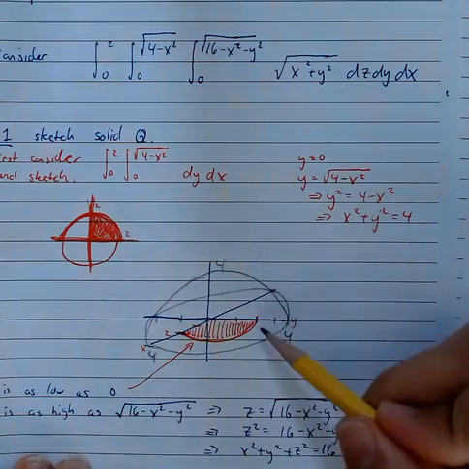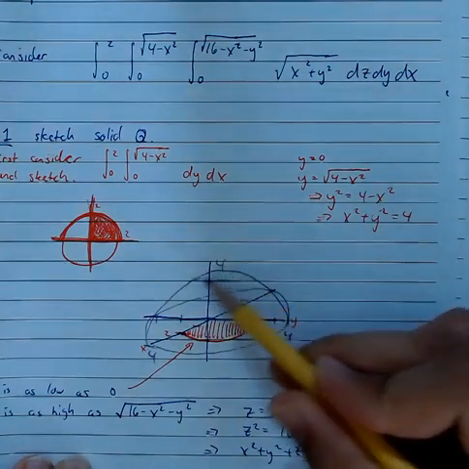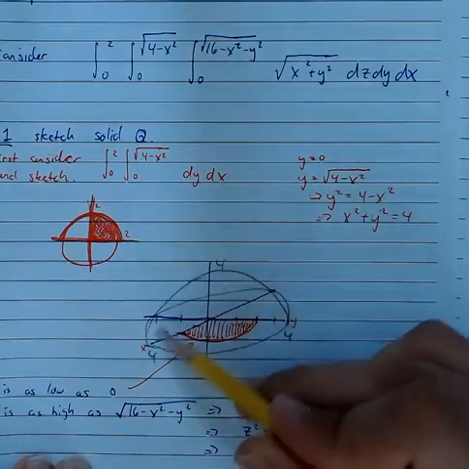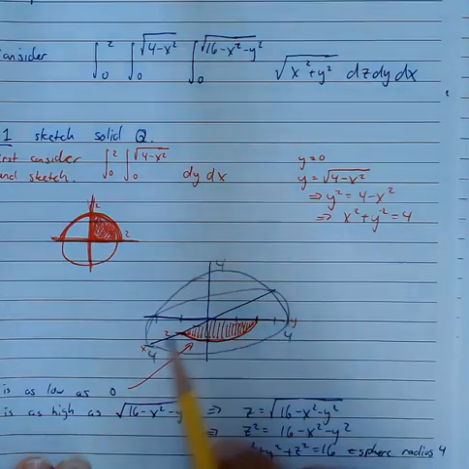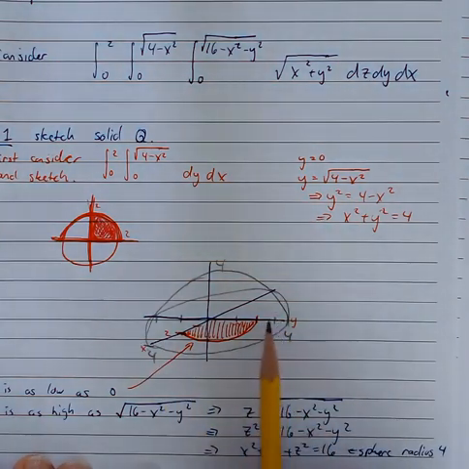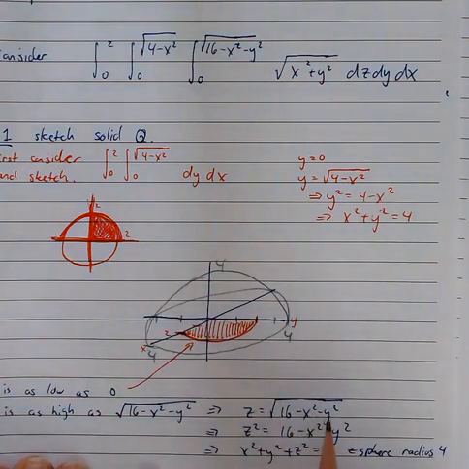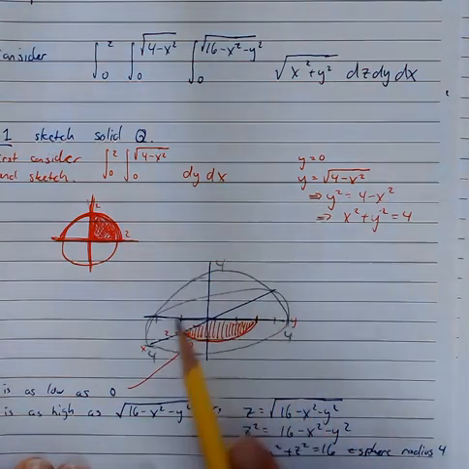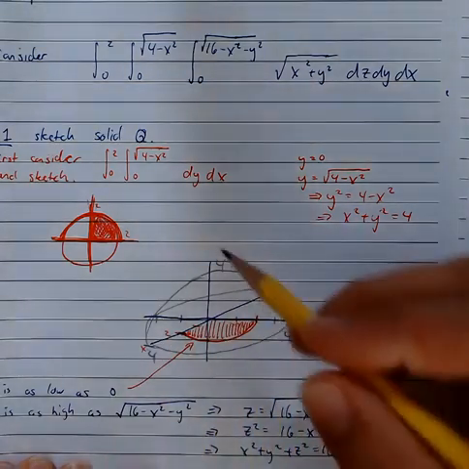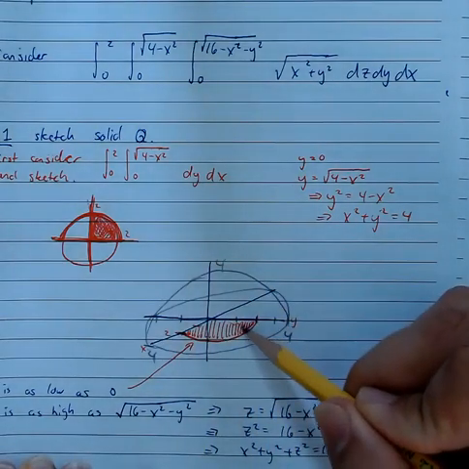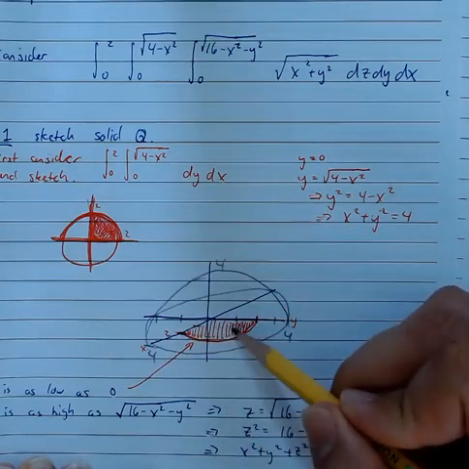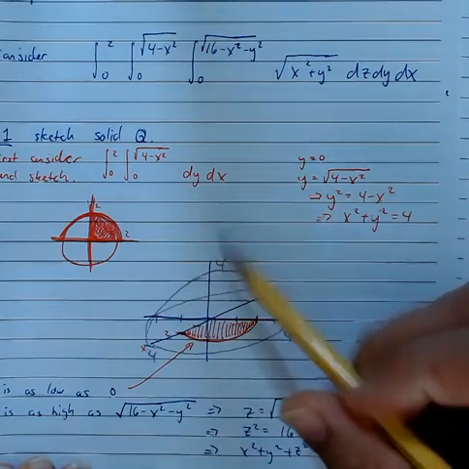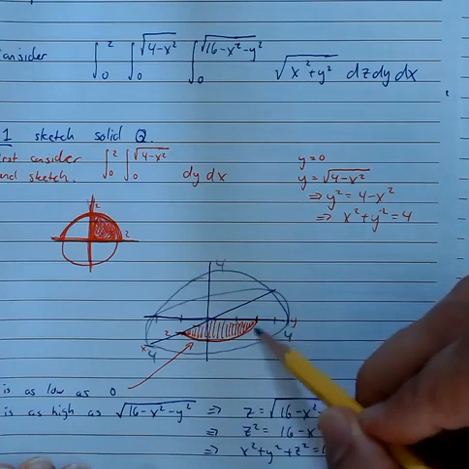Oh, but remember, even though this sphere goes out that far, we're going to start from z is equal to 0 up to z is equal to square root of 16 minus x squared minus y squared. In other words, we want the upper hemisphere, the upper half of the sphere. We are also bound by this set of restrictions because our x value and our y value won't extend beyond this.